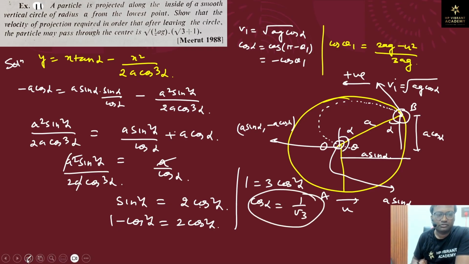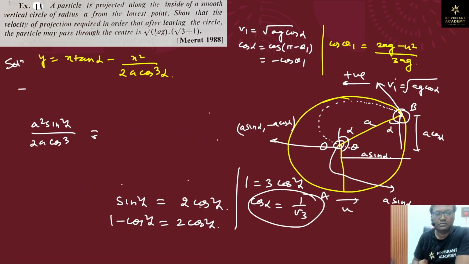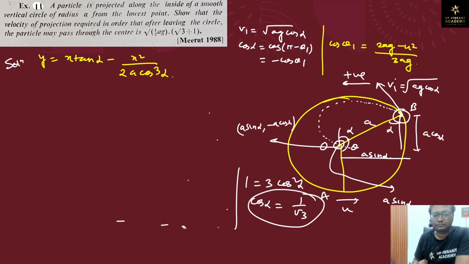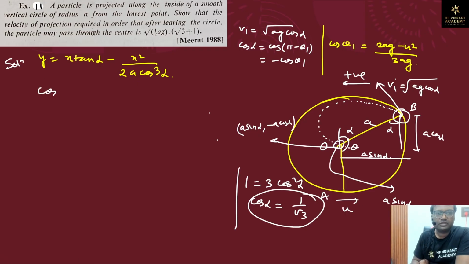Okay, so we have cos alpha is equal to 1 upon root 3. And we have cos theta 1 as 2ag minus u square upon 3ag.